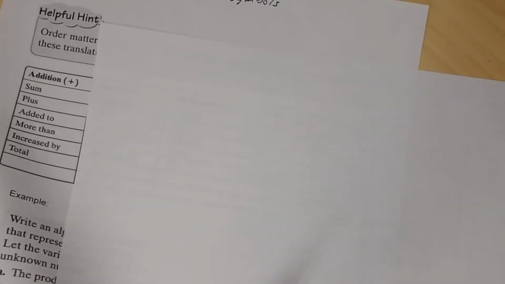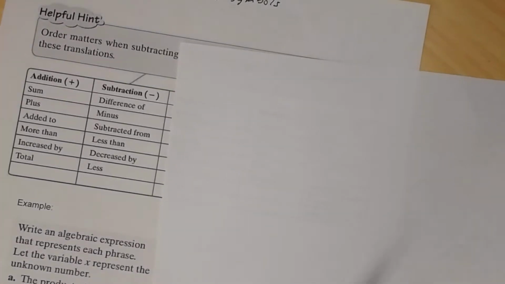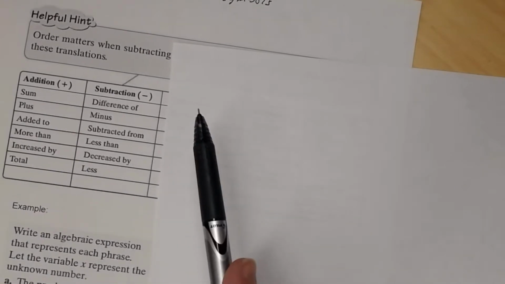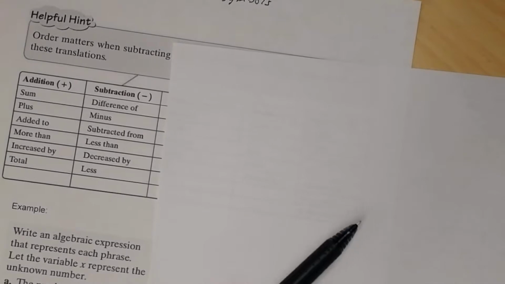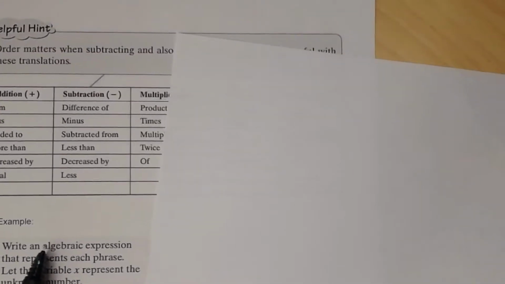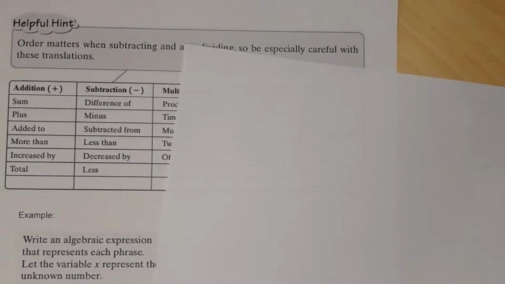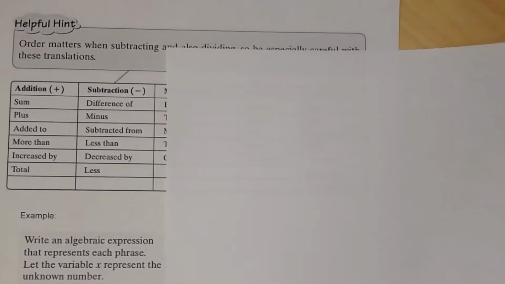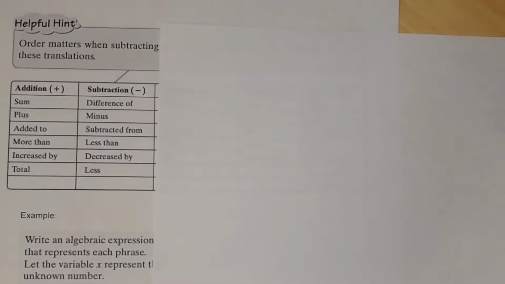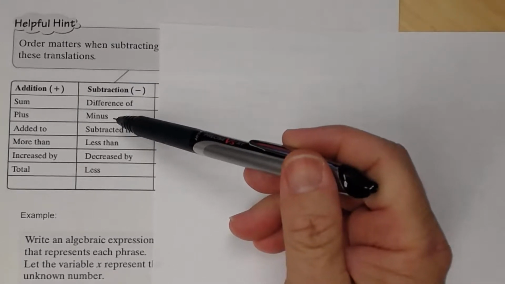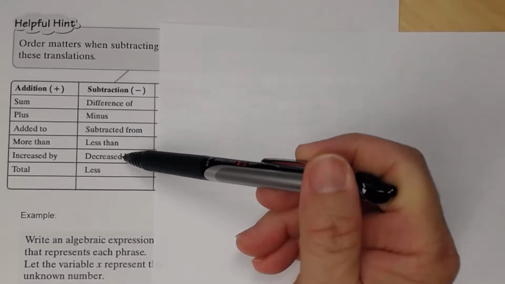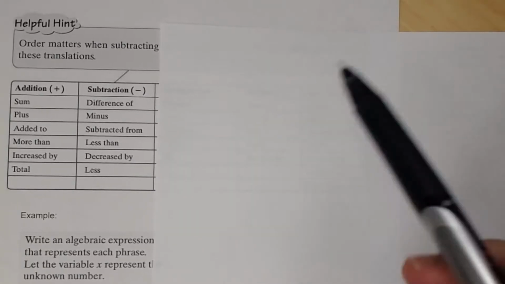When you talk about difference of, minus, subtract from, less than, decrease by, less, the operation that should come to your mind should be subtraction. So these are the key words for subtraction: difference of, minus, subtract from, less than, decrease by, and then less.